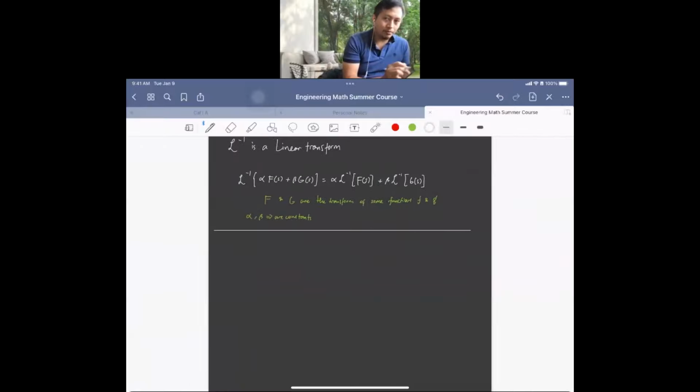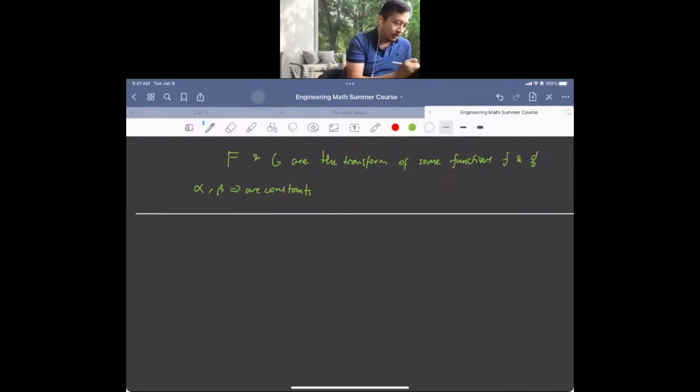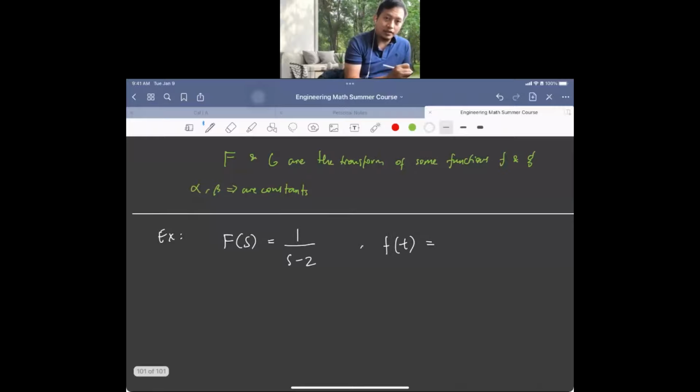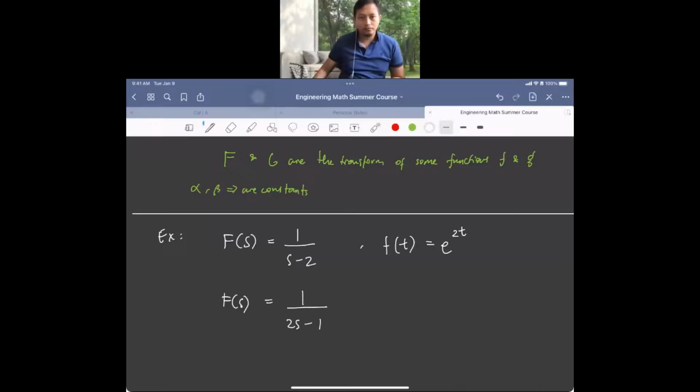Let me just give you a quick example. If your capital F is 1 over s minus 2, your function of t, we can directly get, is e to the power of 2t. What happens if you have 1 over 2s minus 1?